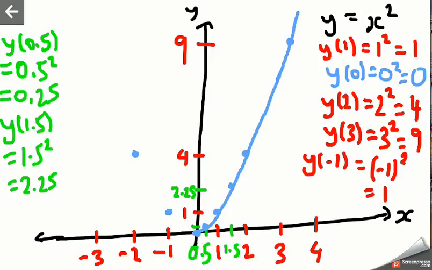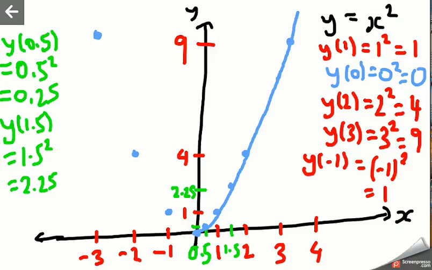And similarly, when x is equal to -3, y is equal to 9. And when x equals -4, y of x is equal to 16, because -4 times -4 is the same as 4 times 4, which is 16. And again, you can fill in all the points in the middle if you want, but it's not going to change anything.